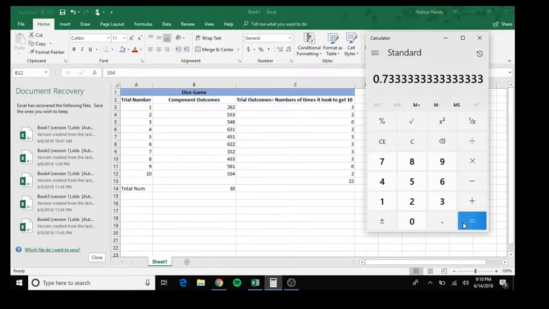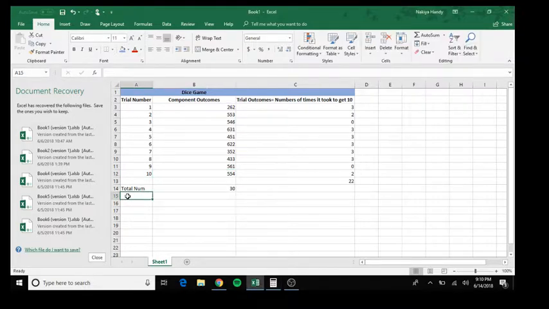And now I am left with 0.733333 and so on. So I'm going to take that number and make it 7.3 and just say that it took 7.3 average turns for me to win the game.